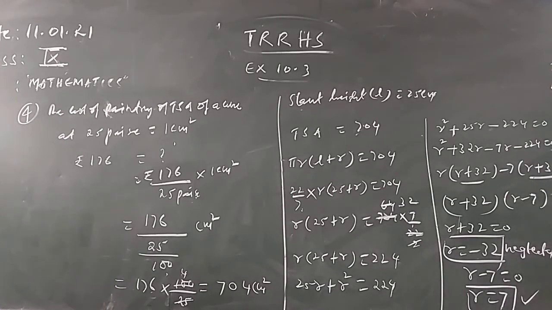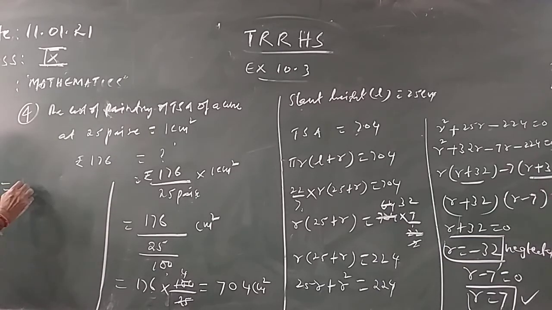Find the volume. The volume formula is 1/3 pi r square h. We have r, but we don't have h. Find h square: h square equals l square minus r square.